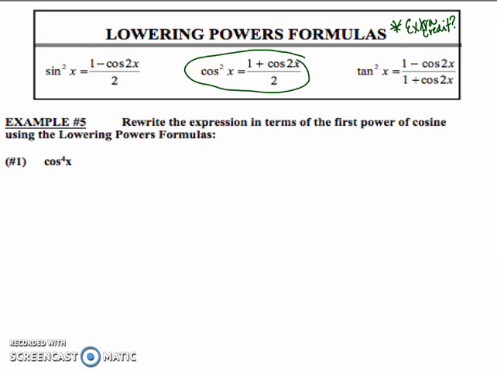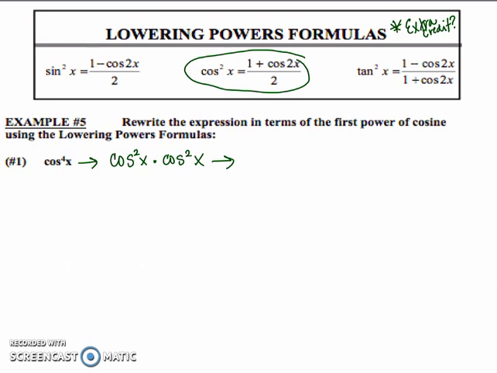Okay, so the first thing that I'm going to do, because my lowering powers formula is for cosine squared and not cosine to the 4th power, is I am going to rewrite cosine to the 4th power of x as cosine squared x times cosine squared x. And once I have that, then I can do a substitution with my lowering powers formula. So each of those cosine squared x can be written as 1 plus cos 2x over 2.